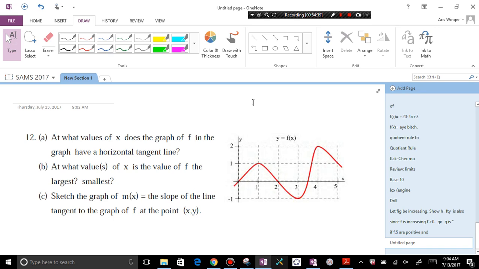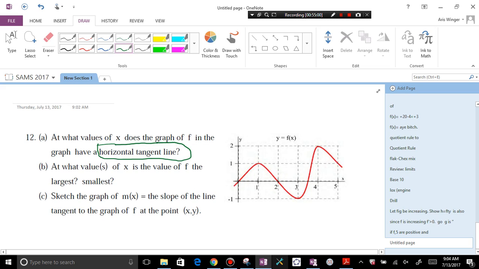Math is a language. Let's go ahead and translate. All we're doing is translating this thing, horizontal tangent line. What is that really trying to say? At what value of x is the derivative 0? That's right.